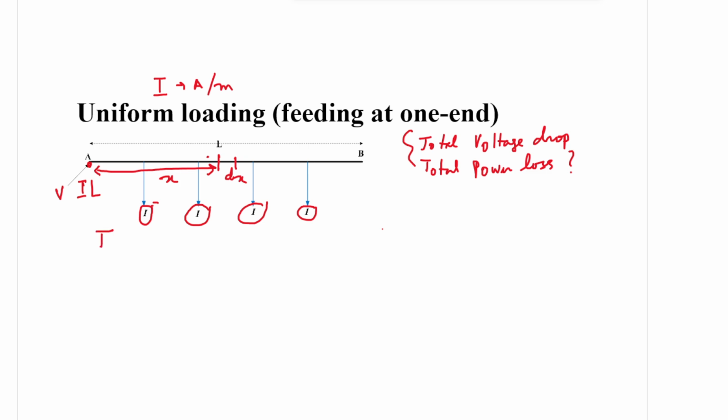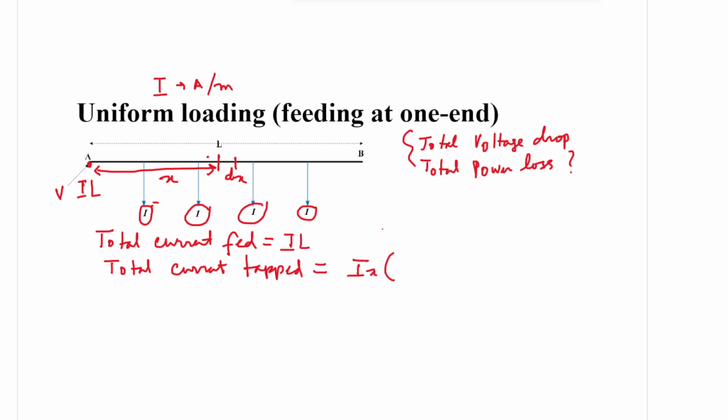So the total current fed is I into L, and the total current tapped up to point, let us say P, becomes I into x.